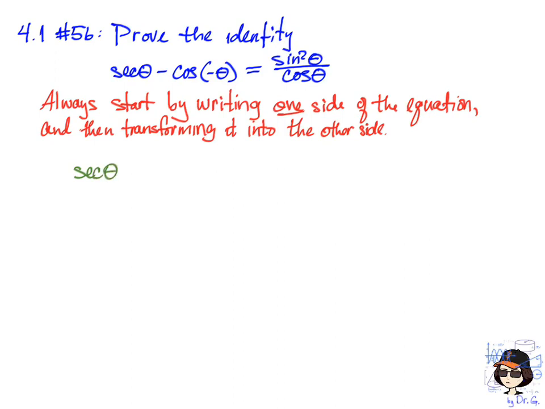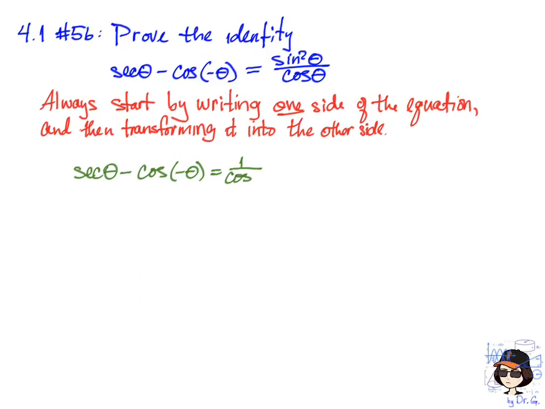You write down one side, the left side in this case. Then you write the equality symbol and start transforming on the right side till you get sine squared theta over cosine theta. So the very first thing that we're going to do is we're going to use a reciprocal identity to rewrite the secant.